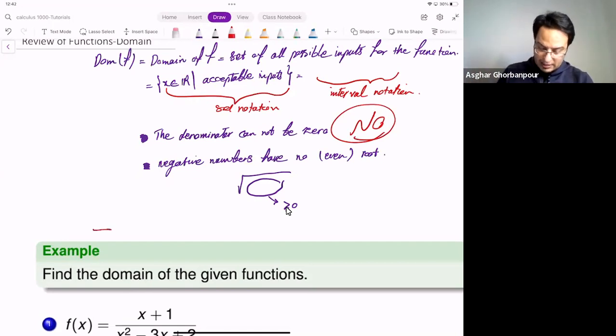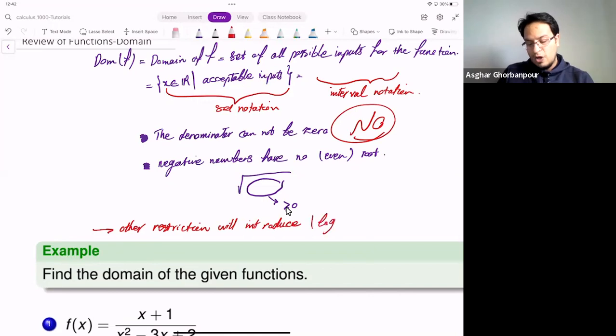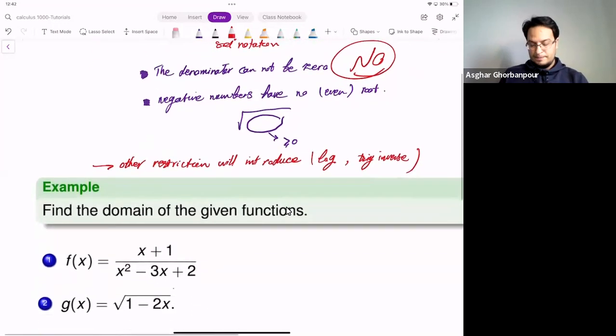There are other restrictions that we will introduce as we go on. One of them is when you have log functions and inverse trig functions; that's where you will see that there are new conditions you have to apply when you work with the domain of functions.